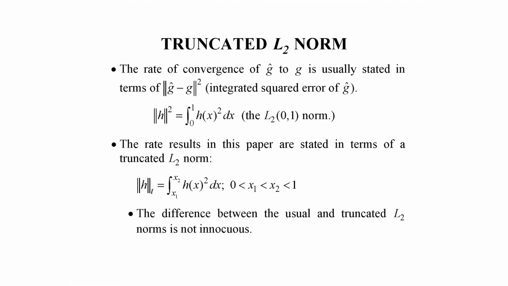So instead of integrating, if the support of x is 0 to 1, instead of integrating from 0 to 1, they integrate from x1 to x2, and x1 is strictly greater than 0 and x2 is strictly less than 1. And it turns out that the difference between this norm and that norm is not innocuous. And I'll talk about that a little more later.